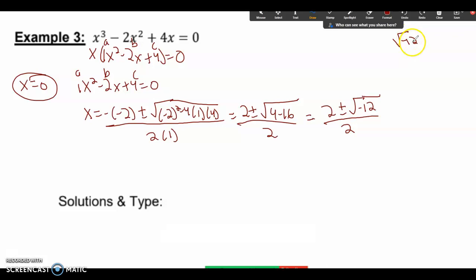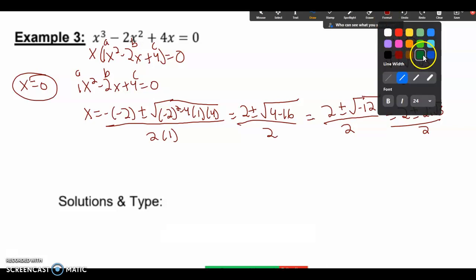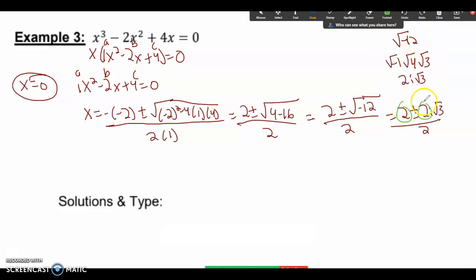Square root of negative 12 becomes a negative 1, a 4, and a 3, or 2i square root 3. If you learn to break it down differently, that's okay. Once I get to this point, I see all three of these had a 2. So I can simplify that to 1 plus or minus i square root 3 over 1.